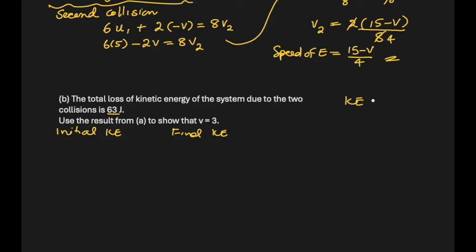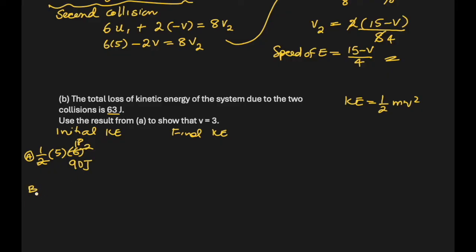Half mv square. For the first particle, call it A, it will be half, mass was 5 kg, and the speed was 6. So 36 divided by 2 is 18, times 5 is 90. So 90 joules.